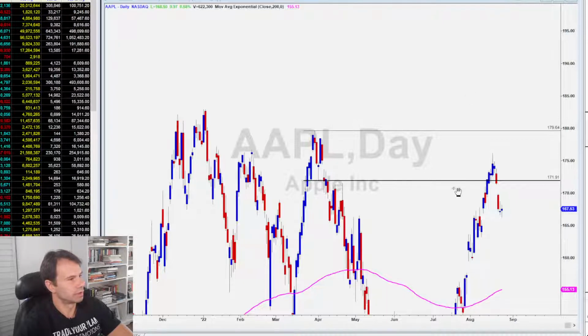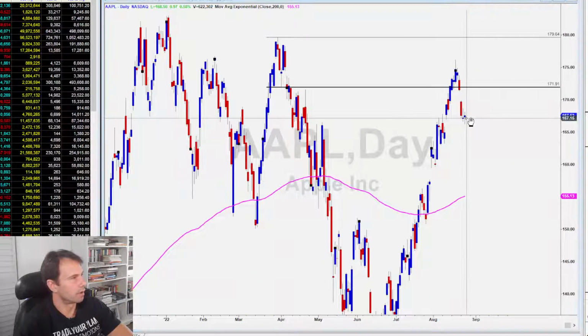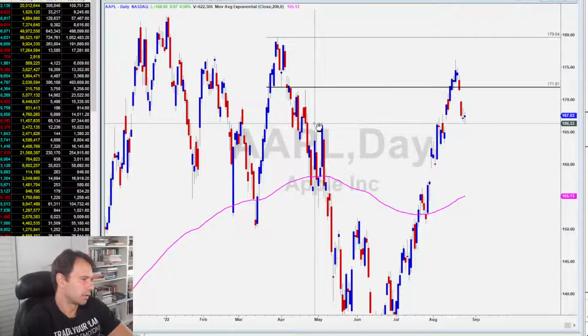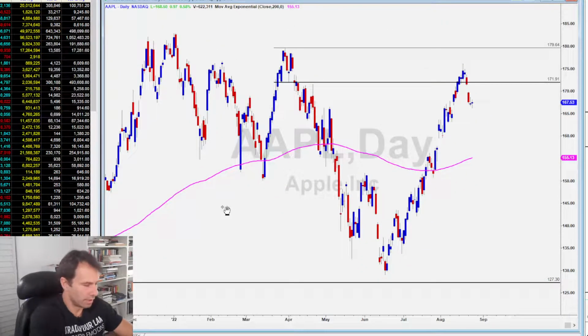Let's check. So Apple came to the supply a few days ago. Now is coming back down. It's holding right here, this demand on the triple top break, which is a pretty bullish pattern. And then we have Nvidia.